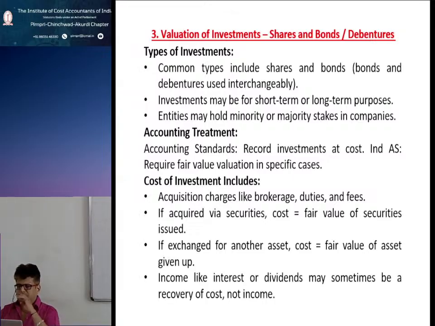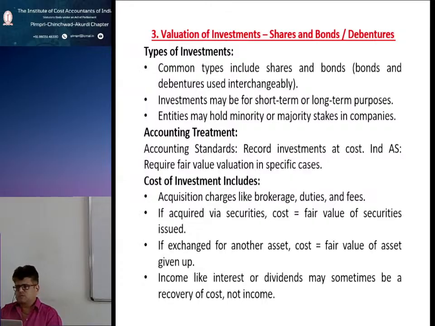types of investment, typically the common types which are prevalent and popular, include shares and bonds. Now bonds and debentures are used interchangeably, because the characteristics or features of both bonds and debentures as a financial instrument are absolutely one and the same.